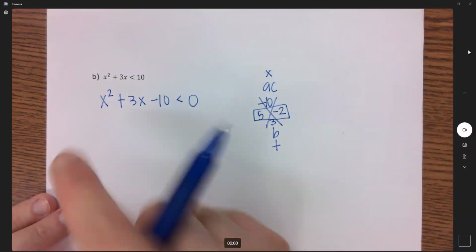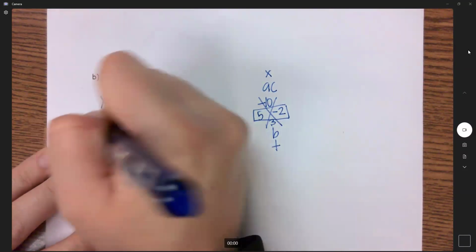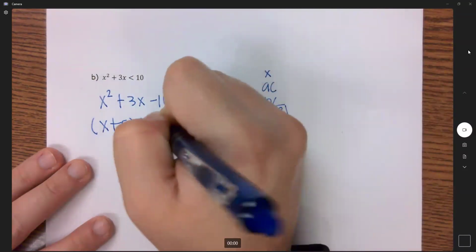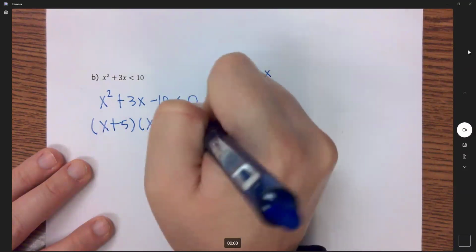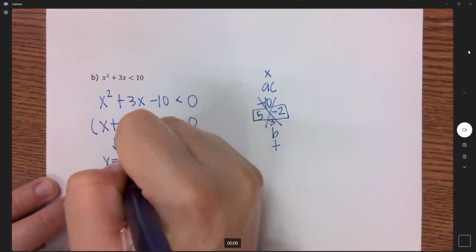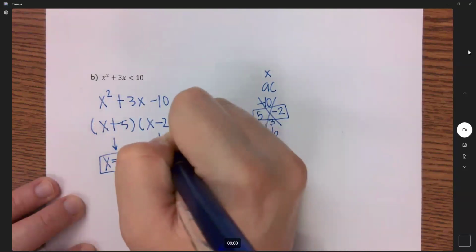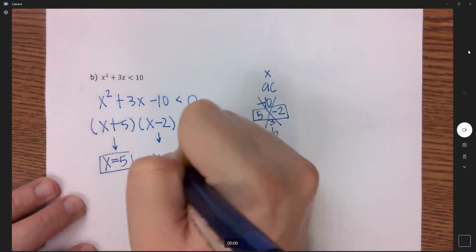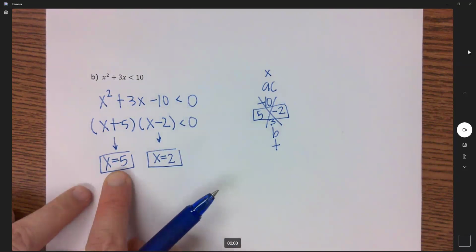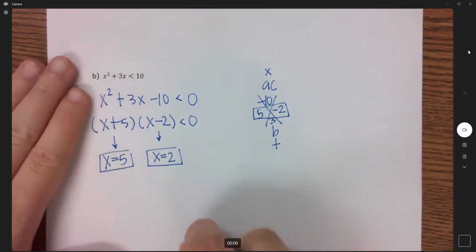Because this is an easy trinomial, it factors to x plus 5, x minus 2. We have an x-intercept at x equals negative 5 and an x-intercept at x equals 2. And that should be a negative 5.